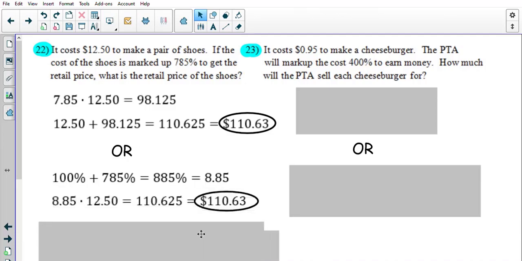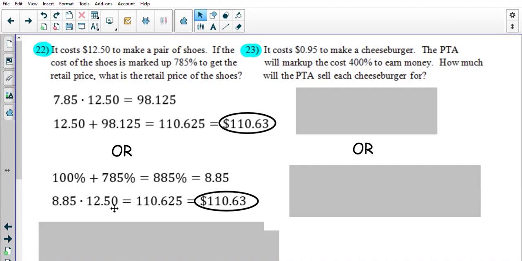Take 8.85 times $12.50, and you will get $110.63. This works because that 100% represents the original $12.50 plus another 785% on top of that to get your final price.